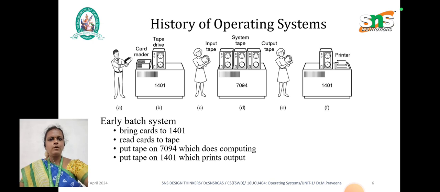So the tape is put on the 7094 which does the computing, and finally the tape is put on the 1401 which prints the output. That is, the 1401 acts as an input device such as a keyboard, the 7094 acts as the CPU, and the 1401 acts as an output device such as a monitor or printer.